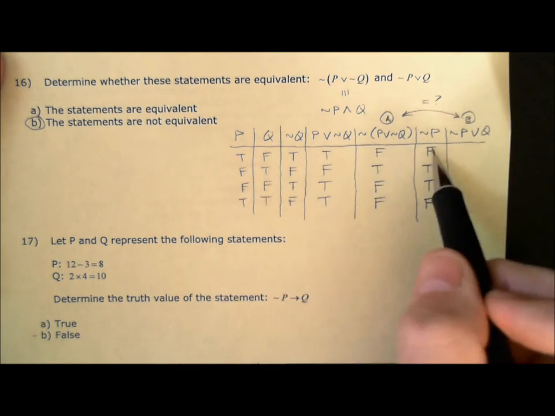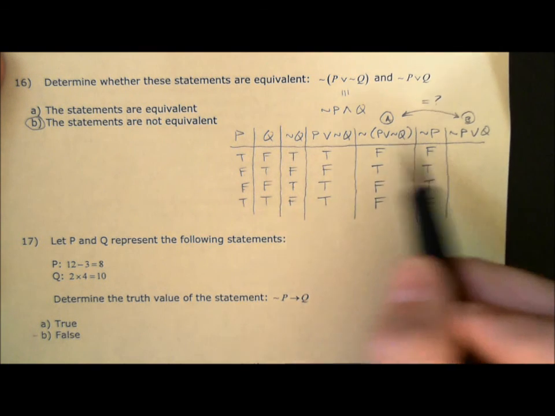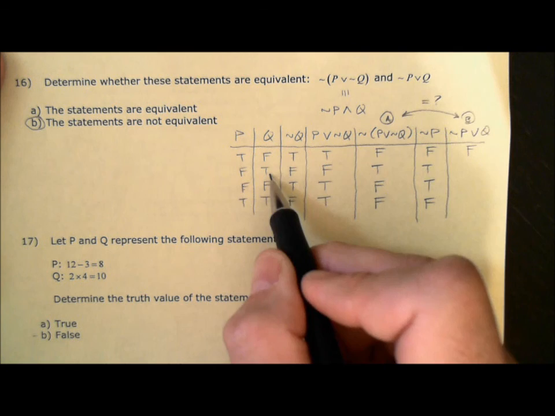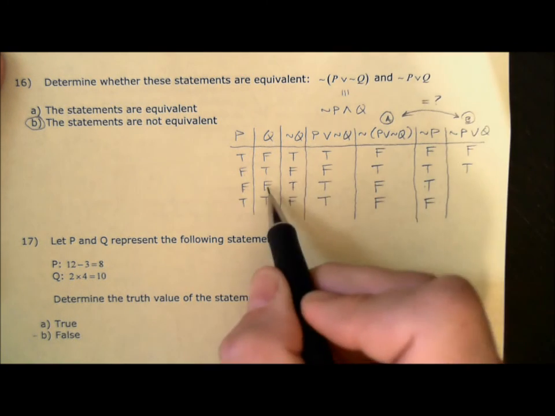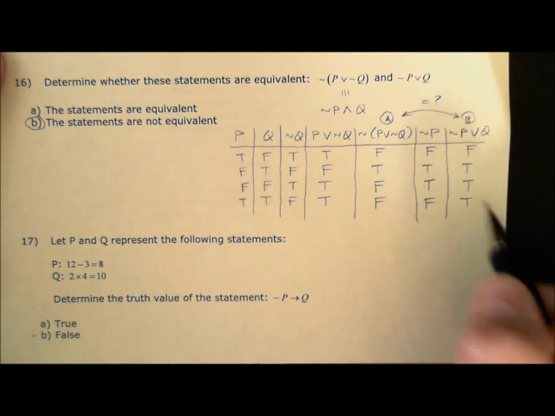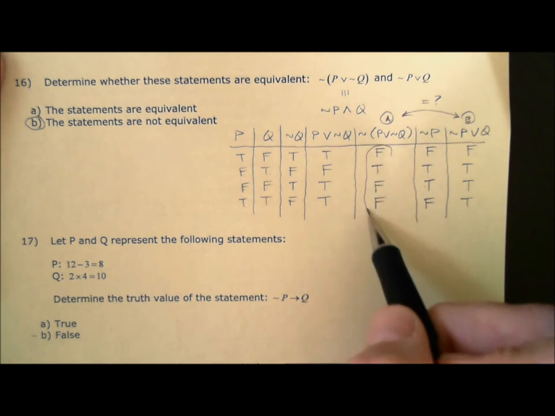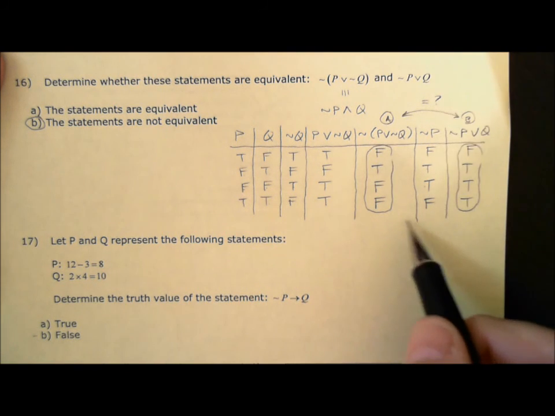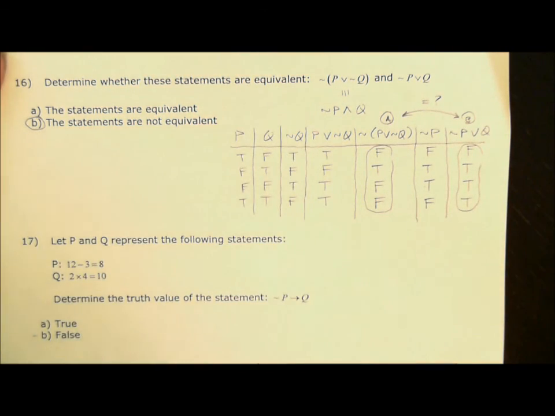And now not P or Q, quite a distance away, but we're taking this or this. So we get false, this or this, we get true, this or this, we get true, and this or this, we also get true. And let's check: false, true, false, false, false, true, true, true. These are not equal, and therefore the statements are not equivalent.